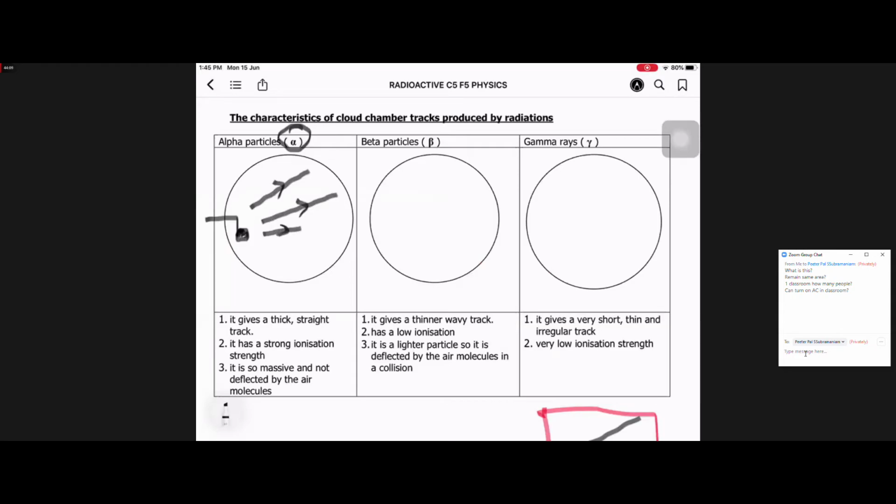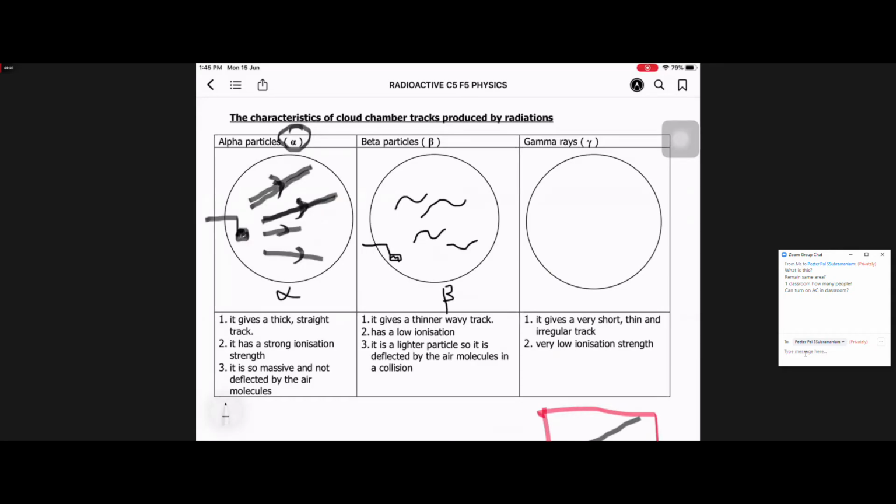So when you look through the cloud chamber window on top, you will see a very thick track in between the mist. So we know for sure this is an alpha track. And if it's a beta track, you place the source here, and you'll see tiny wavy tracks there. So this is the beta track. So we can differentiate whether it's alpha or beta tracks.